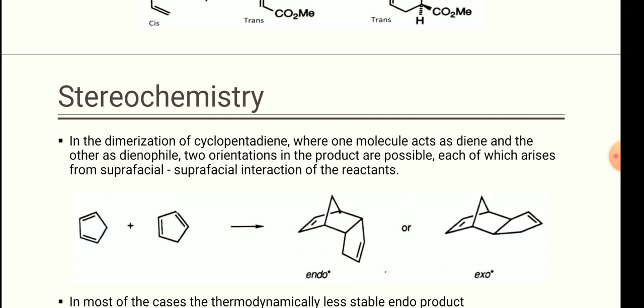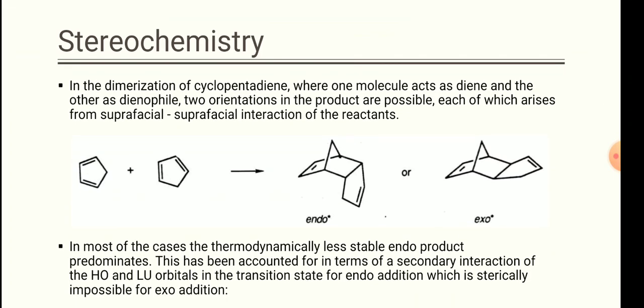So these are the stereochemistry of the other cycloaddition reactions, but it is not required to go through it. It is very difficult to understand the structure. For me it is very easy, but as it is a three-dimensional structure, it is very difficult to understand. But when cyclopentadiene is involved, it will form an endo product and an exo product.